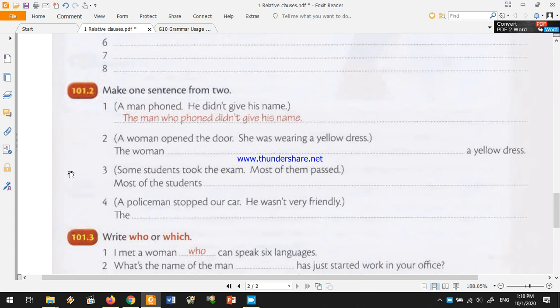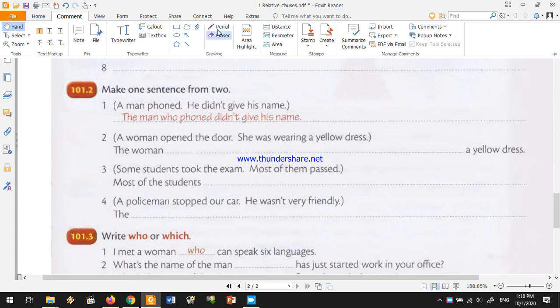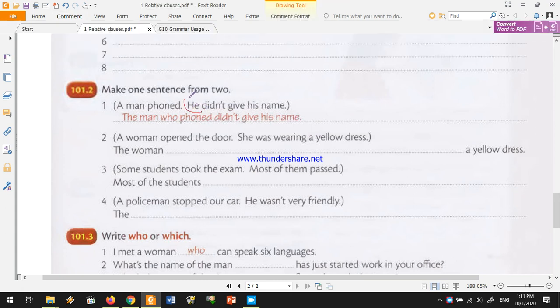So the correct answer should be, the man who phoned didn't give his name. Here we used who because we're using the relative pronoun instead of the word he, a subject personal pronoun used for humans, of course. We cross it off and we use who instead of it.